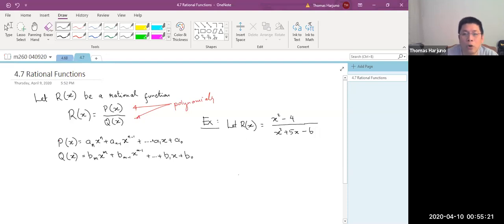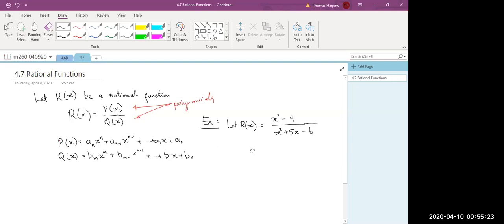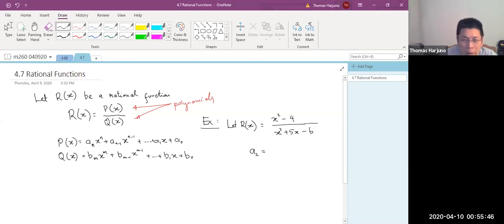Okay, so what is a2? Zero? Are you sure? No. a is the coefficient for the numerator. Now, a subscript 2 is the coefficient for x squared on the numerator.